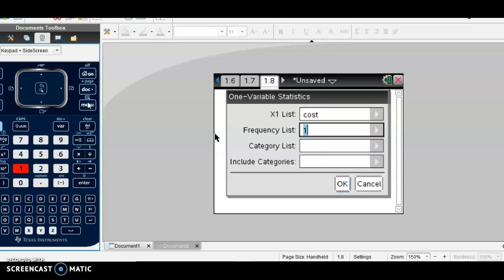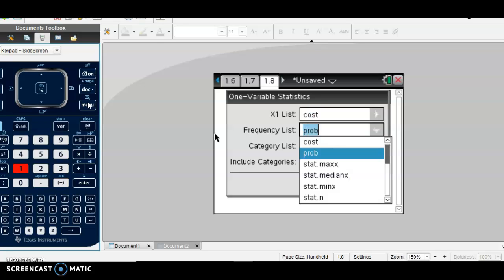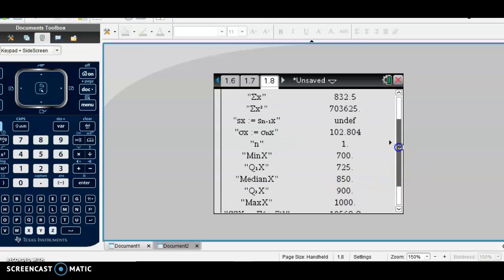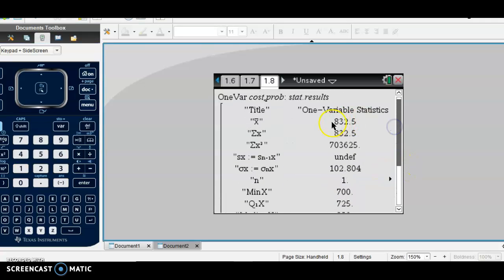Now we're going to do cost and prob. So let's look at our new mean. The old mean for the previous was 732.5. So my new mean, guess what, is 100 more because I added 100 to it. So the mean, or the measure of center, is added the same as it was to every value in the distribution. So adding is going to affect the mean.